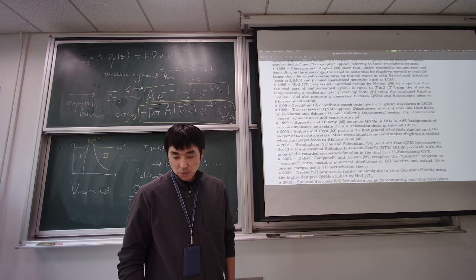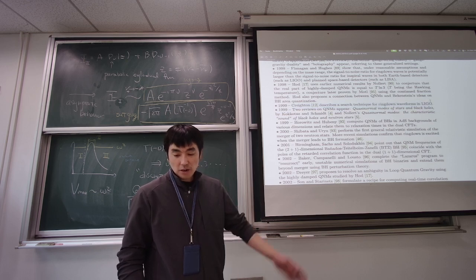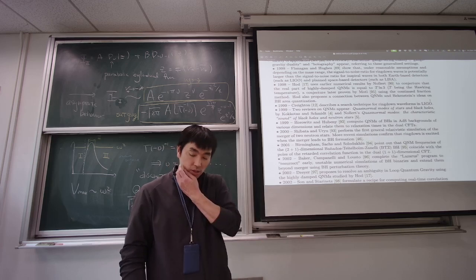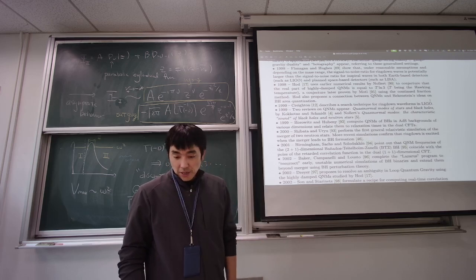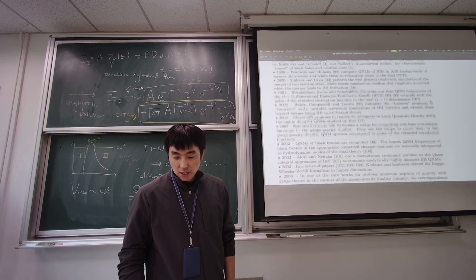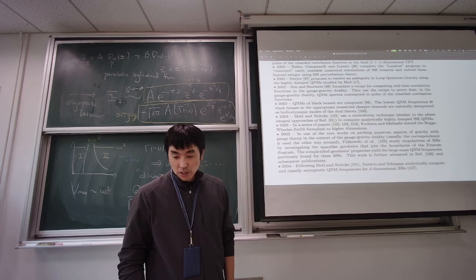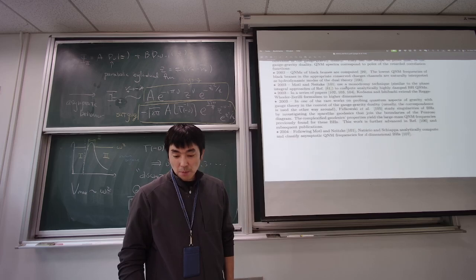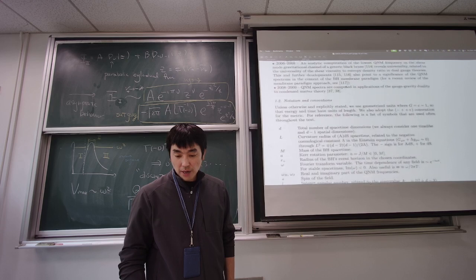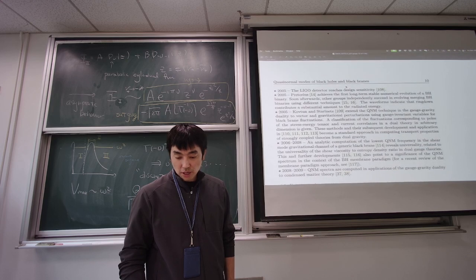For instance, Creighton described a search technique for ring-down waveforms in LIGO, which is now used in the detector and so on. Many things happened. Anyway, this paper is also cited in my lecture notes, so you can take a look.